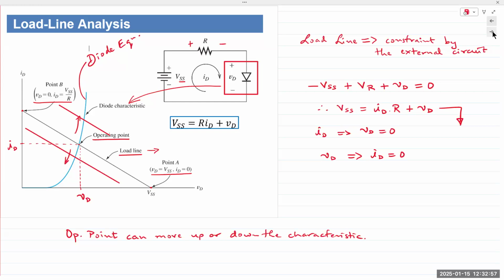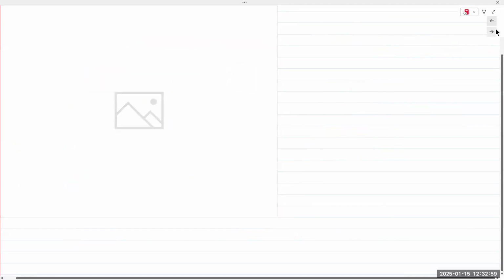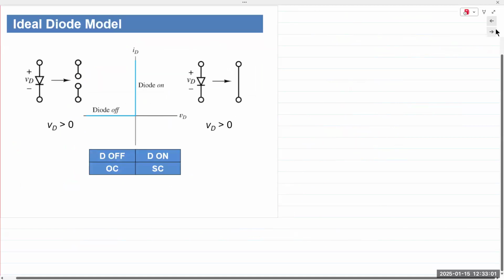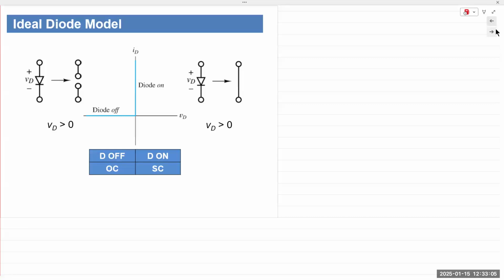All right. Let's look at a diode model. This is the ideal diode model. And what we do in the ideal diode model is we simply replace the diode with an open circuit or a short circuit. So if the diode is on, meaning it's forward bias, then we replace it with a short circuit.